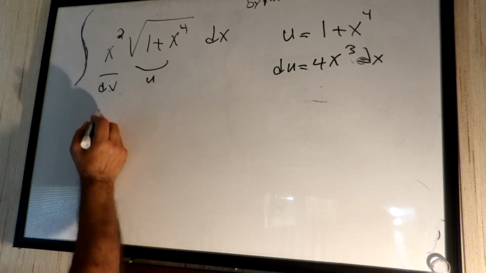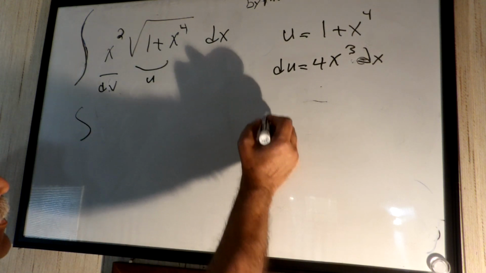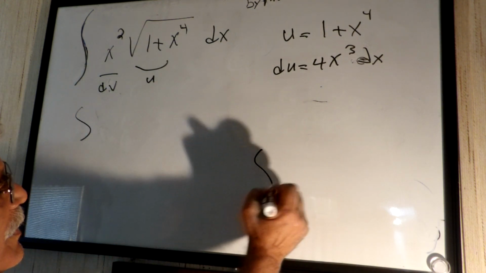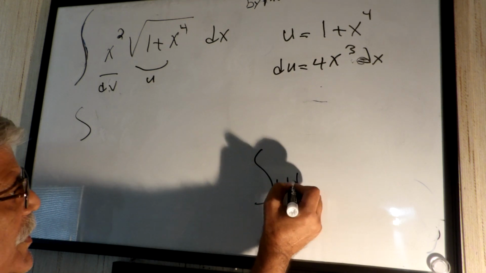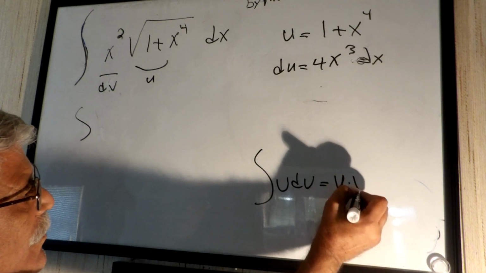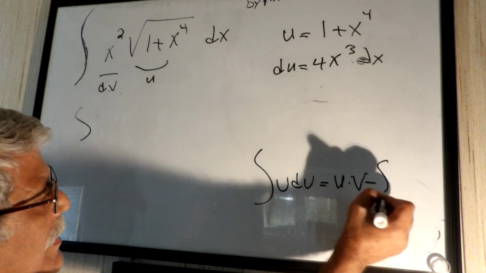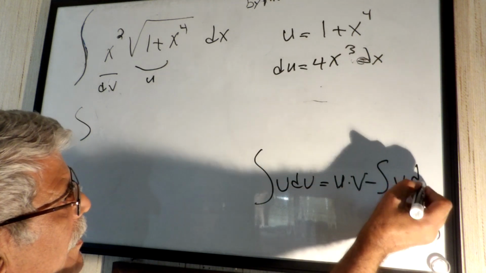dv actually is going to be... u dv is equal to uv minus v du.